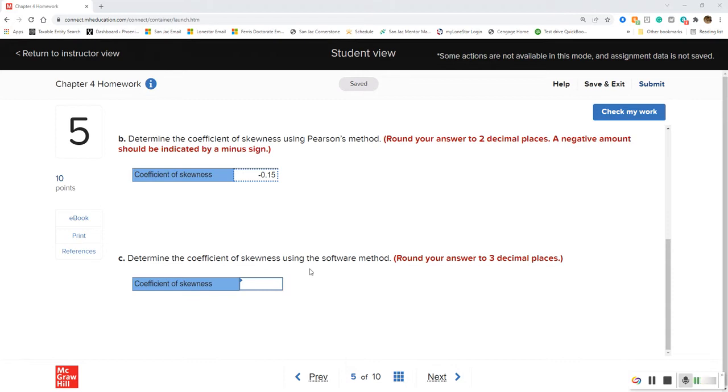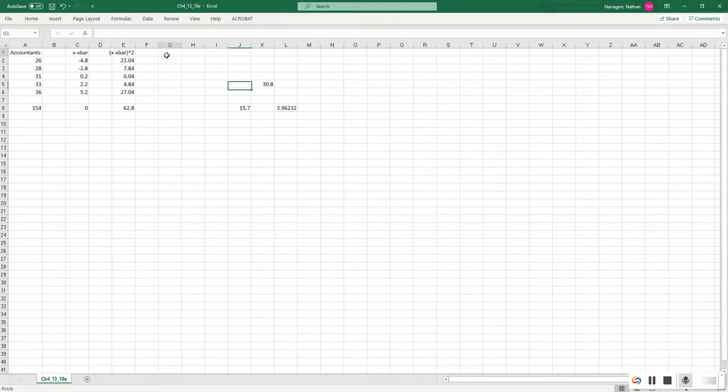Now, determine the coefficient of skewness using the software method. Alright. So this one, we're going to have to go into Excel, just because we're going to have to do a little bit more fun stuff. First thing that we have to do is that we're going to have to take each one of these.